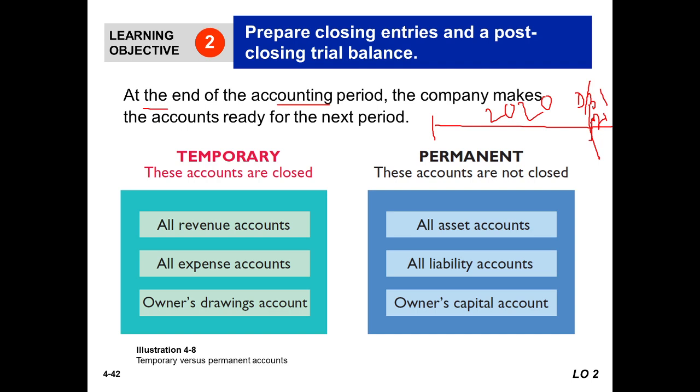This is the end of the accounting period, and the company makes the accounts ready for the next period. How could they make the accounts ready?